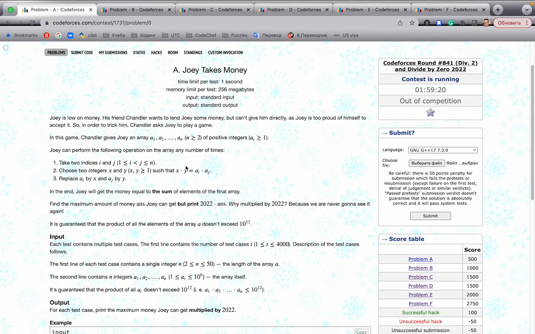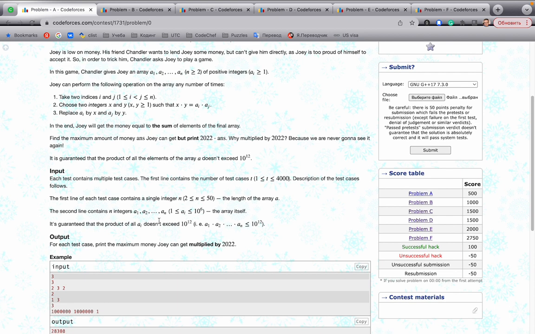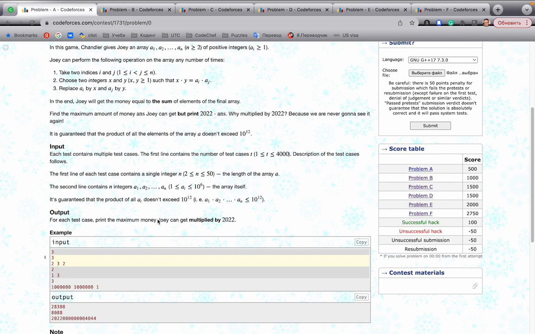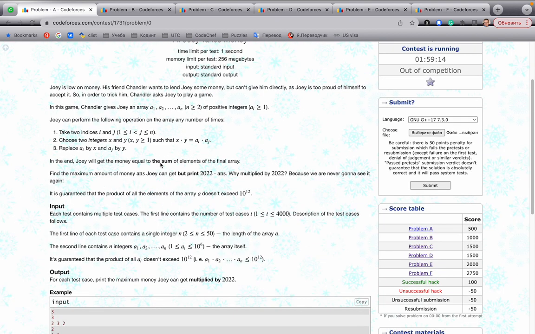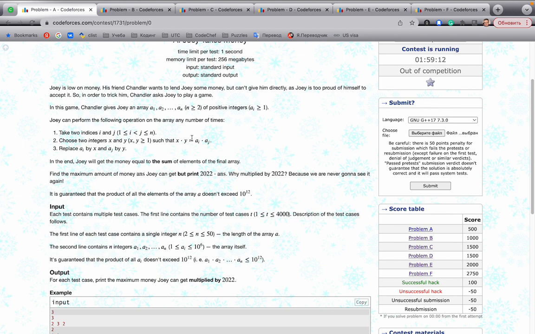In problem A, we are given an array of numbers. We can take two numbers and replace them with some other numbers. All the numbers should be positive integers, such that the product of those two numbers stays the same.